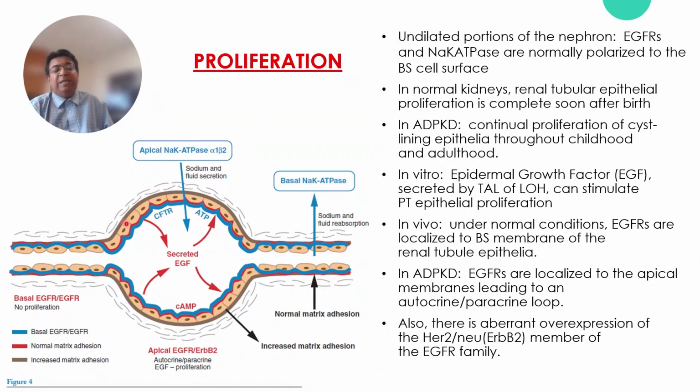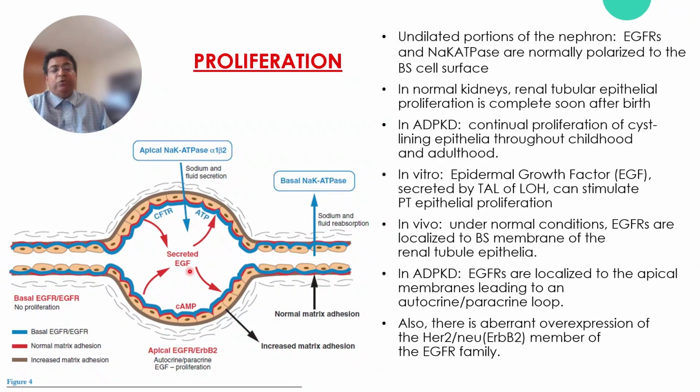So the first thing is that the sodium potassium ATPase in a normal tubule will be basal. And by its basal presence, it will cause sodium and fluid reabsorption. If the sodium potassium ATPase is apical, then it will actually cause secretion of fluid into the cyst. So not only is the sodium potassium ATPase alpha 1 beta 2, but it's actually mispolarized.